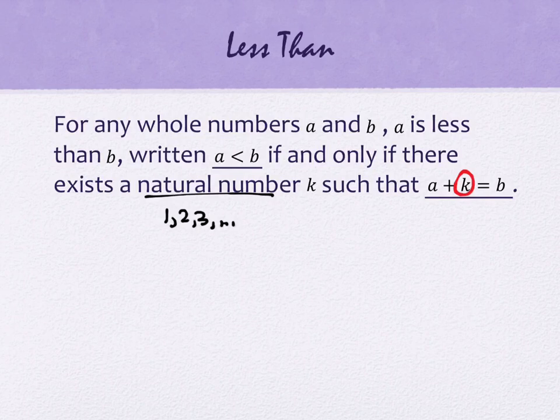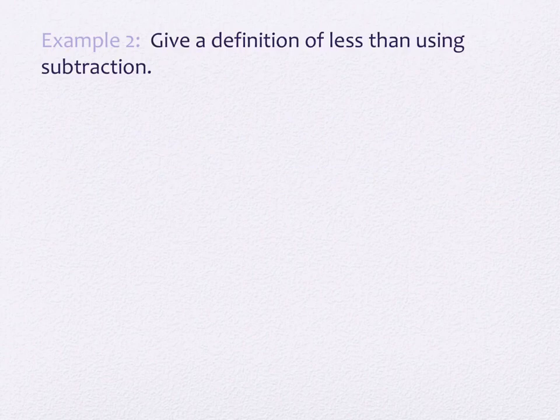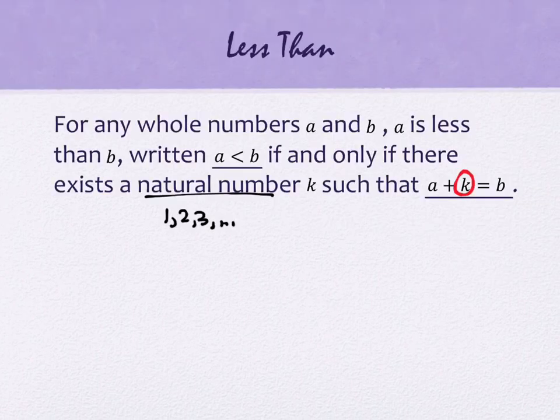Right? If you can add a little bit to it and it's equal, then it was less than to start with. So we're going to give the similar description for what it means to be less than, but use subtraction instead of addition. Most of what we're going to write down is going to mimic the phrasing of exactly what's here. Like we're going to write down for any whole numbers A and B. All that's going to be the same.